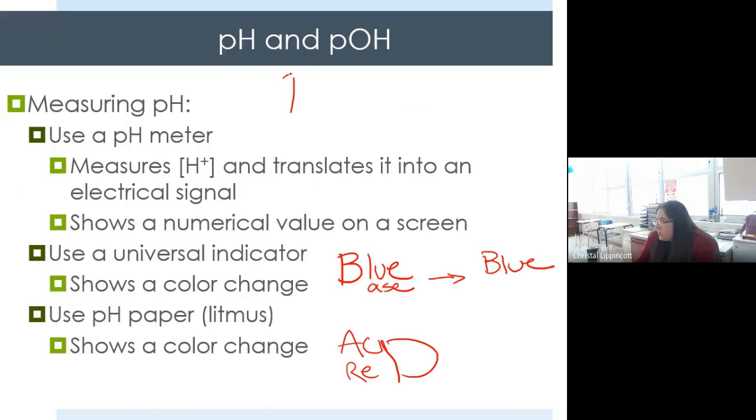So blue, base; acid, red. So the red will stay red, the blue will turn red if you've got an acid. If you've got a base, the blue will stay blue and the red will turn blue in the presence of a base. If it's neutral, then neither one of them changes. They just stay the same.